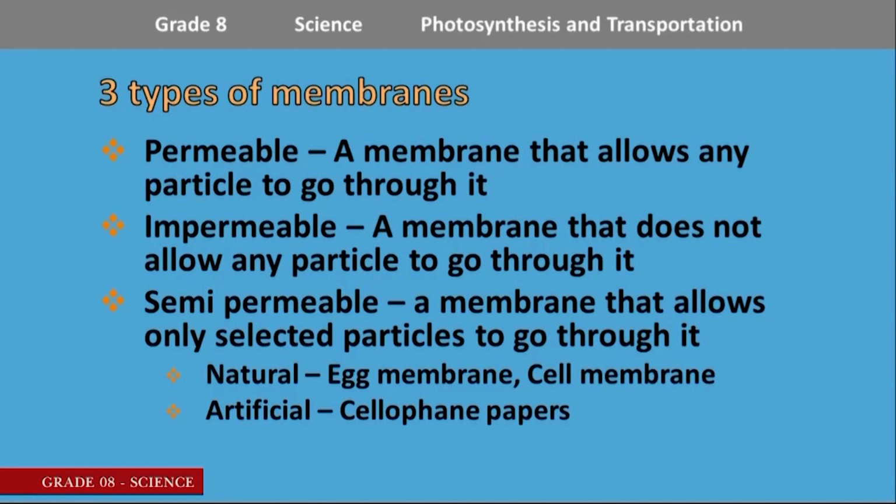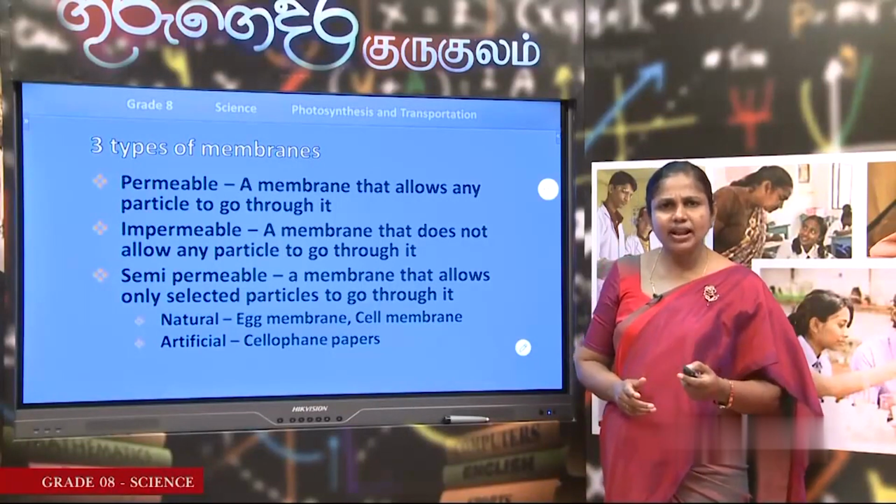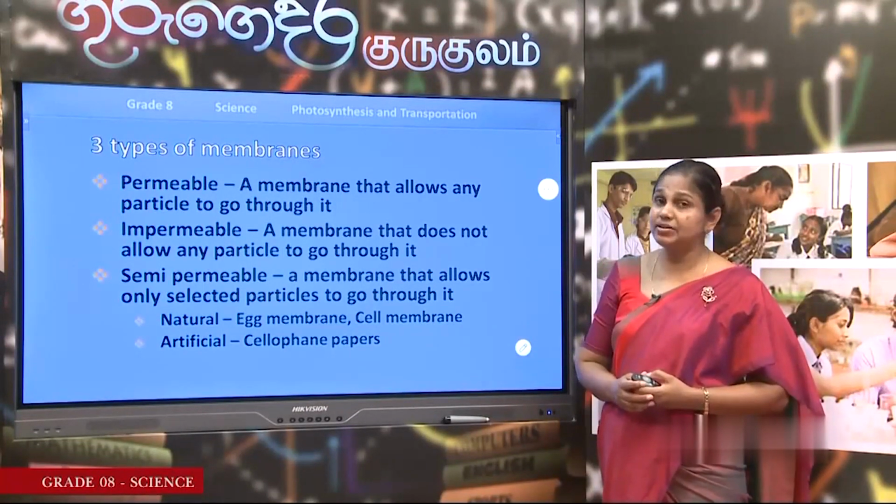There are some examples for semi-permeable membranes, children. There are artificial membranes and natural semi-permeable membranes too. What are natural semi-permeable membranes? The egg membrane and the cell membrane are the best examples of natural semi-permeable membranes. You may have seen the egg membrane, children. Have you ever removed the shell from a boiled egg, children?